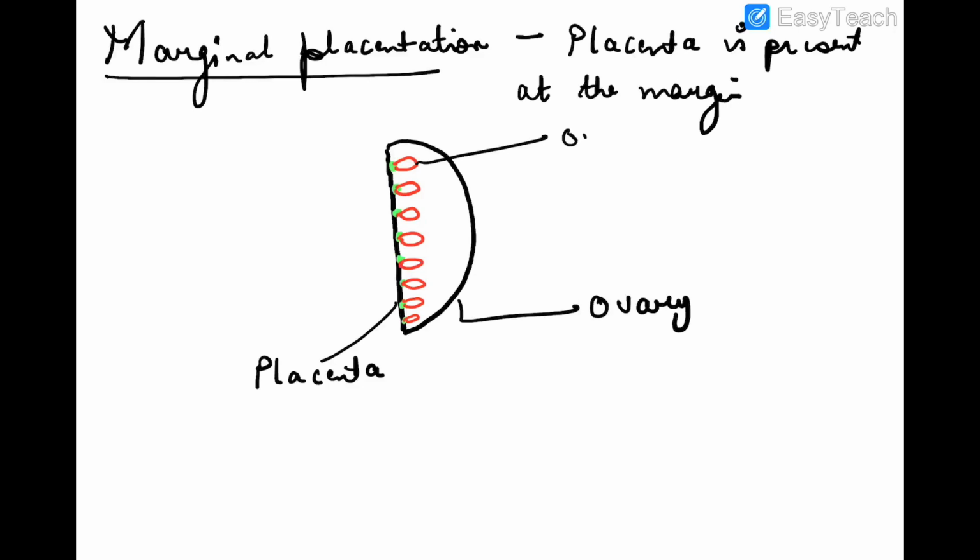These are the ovules. So such placentation in which placenta is present at the margins and on this placenta at the margin ovule are attached is marginal placentation. Example of this placentation is pea plant.